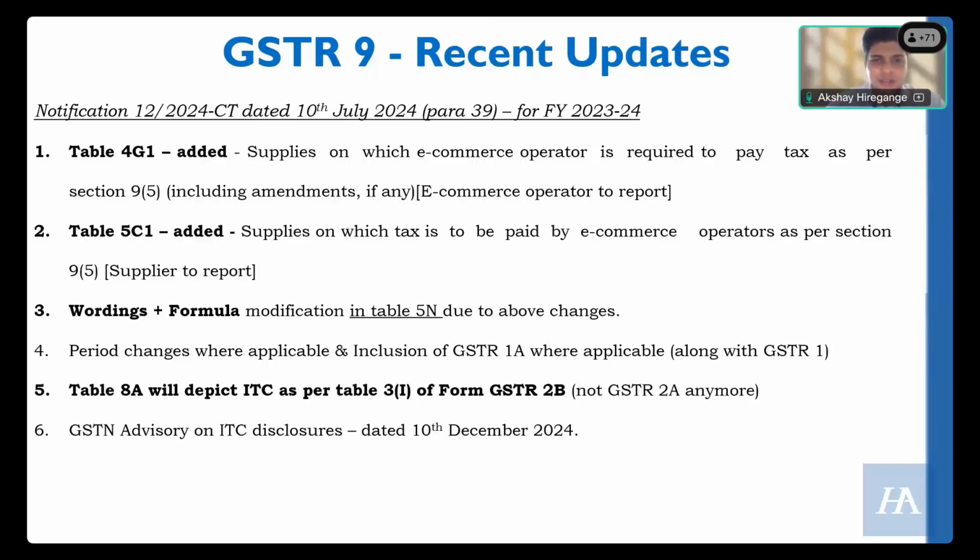So if we go back to the history of the ITC tables, in financial year 22-23 we had the data auto-populating from GSTR 2A, but GSTR 2B was brought into the GST law from 1st January 2022. Section 16(2)(aa) also was introduced from the same date, and to this effect, the Act and the rules were introduced for the matching concept from 1st January 2022.